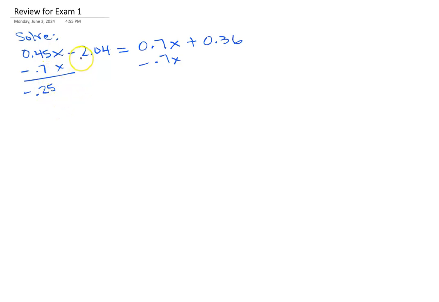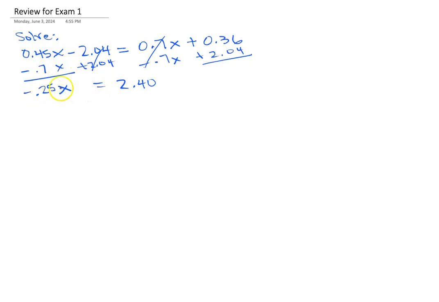Then I need the whole numbers on the other side, so let's add 2.04 over. And when I do that, I end up with 2.40 on the other side. I forgot my x on this, right? If it has an x, I have to combine those together, and I need that x on the answer.